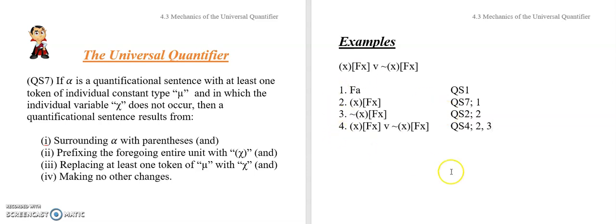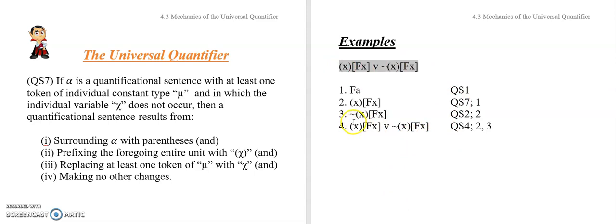Done. All right, QED. So this tree here shows, I call them trees, that this sentence or this expression is in fact a sentence. Okay, this sequence of symbols is a quantificational sentence for us.